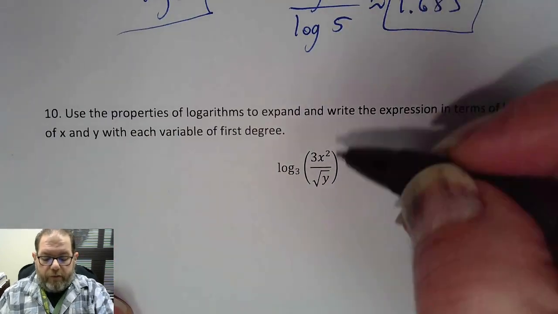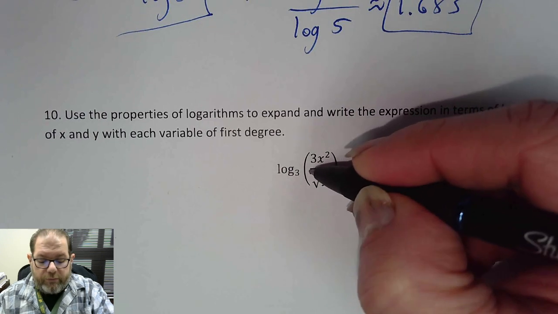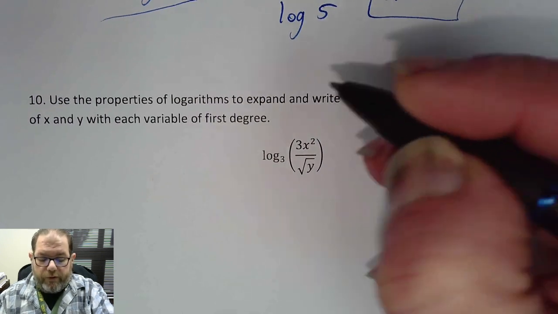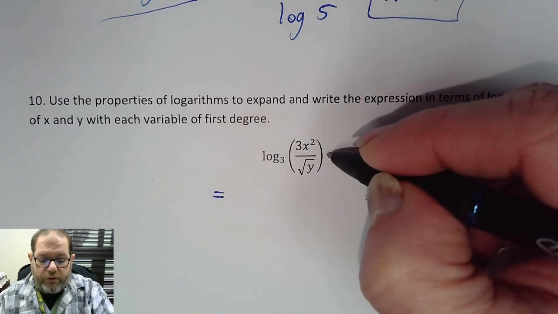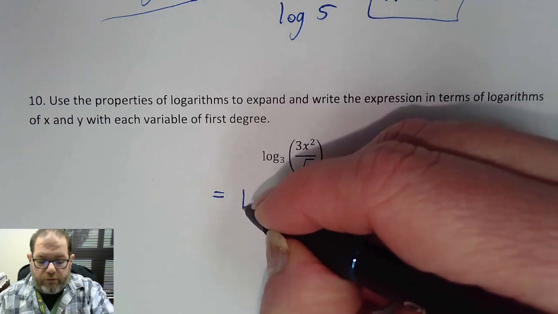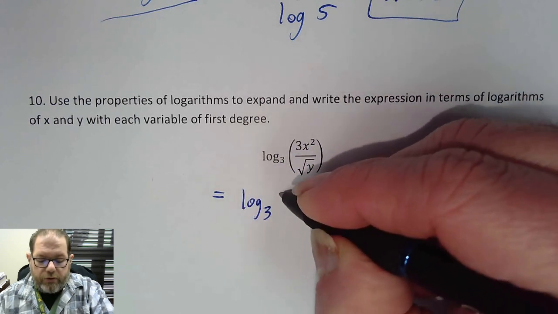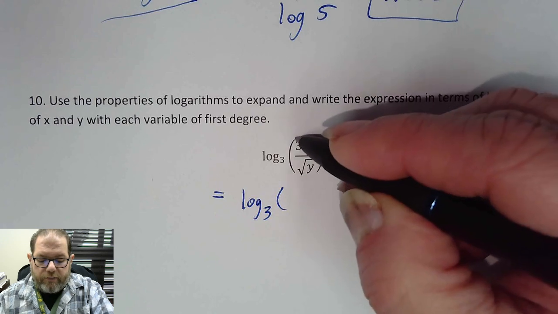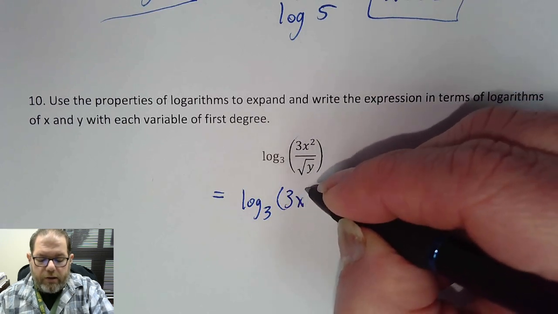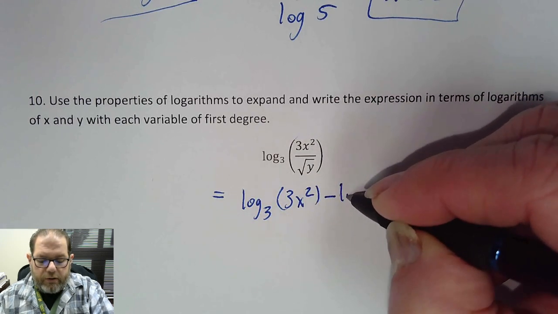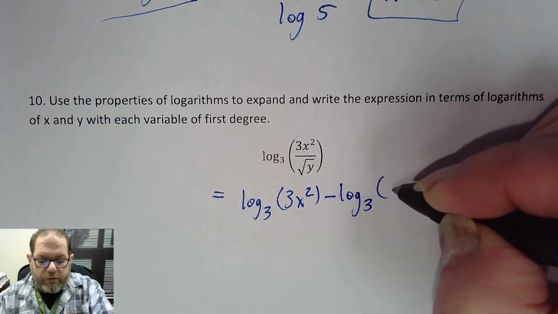Now, first of all, the first thing we see is that we have division here. So with that division, we know we can apply the quotient rule first. And the quotient rule says we can take the log of the numerator minus the log of the denominator.